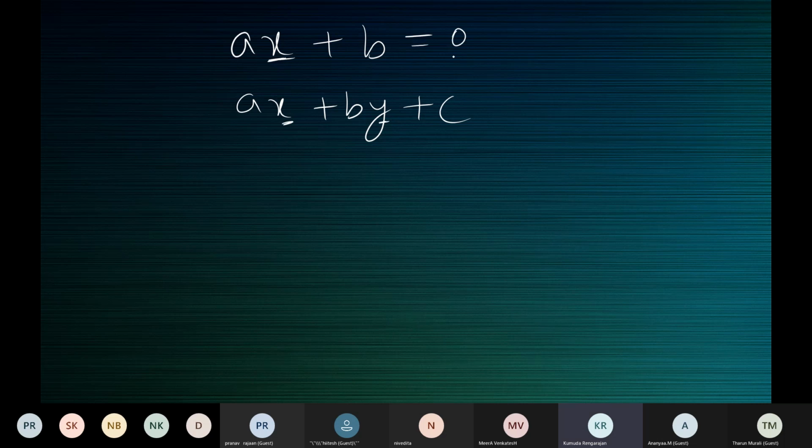When you equate it to 0, it's called a linear equation in one variable x. When you equate this to 0, it's a linear equation in two variables x and y.